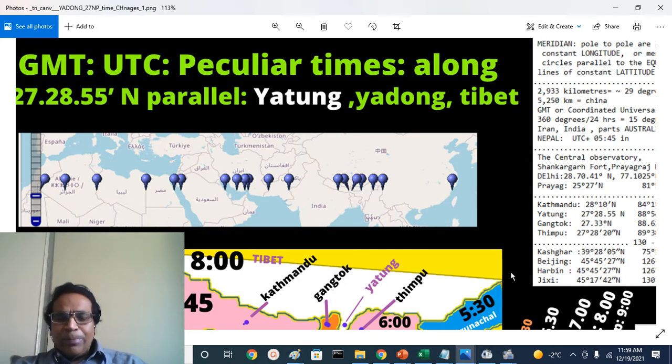Then you have the Polynesian region 11, and somewhere here you go to New Zealand, that is 12. That means as we move along the parallel towards the east, the time always increases.